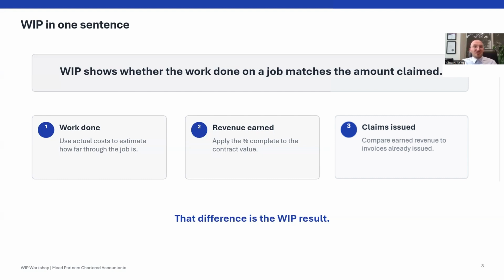This gives us the percentage of completion as far as the numbers are concerned. Second, we calculate the revenue earned based on the percentage of completion. Third, we compare that earned revenue to progress claims already issued. The difference is the WIP result, and I'll step this out further later in the session.